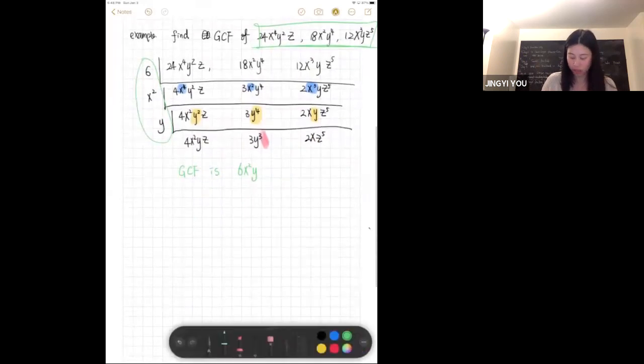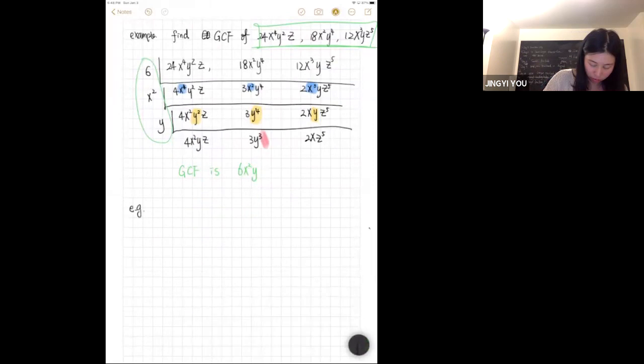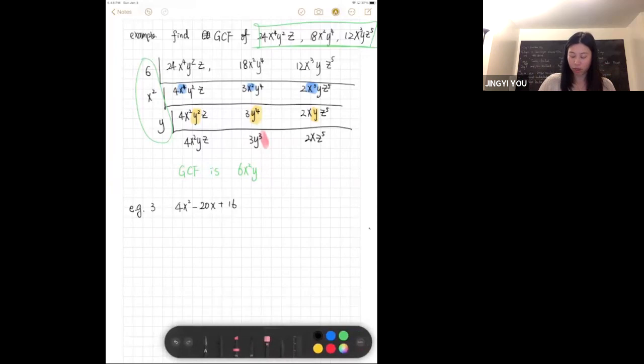So, another example, if I have 4x squared minus 20x plus 16. Now, do you remember the distribution property of math? Let's do some reminder before we start.